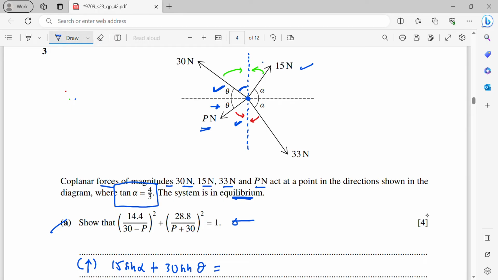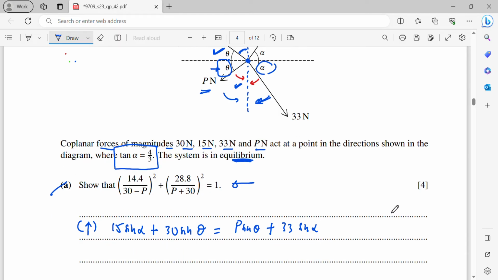Okay, so I have these two vectors where I resolve upwards, then it will be the same as the downwards forces because the system is in equilibrium. So when I resolve the P newtons downwards, it will be P sine theta because I'm using this angle. So P sine theta plus then the 30 newtons, I resolve it vertically by using alpha, so it will be 30 sine alpha.